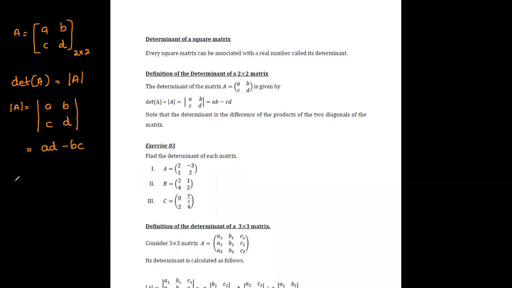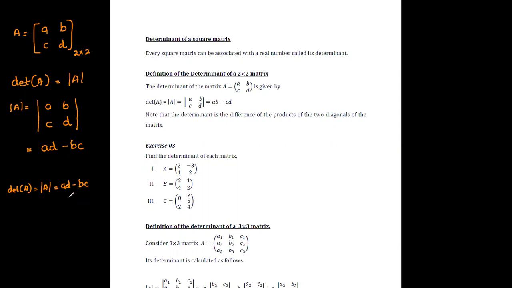This method is valid for 2 by 2 matrices. We can say the determinant of a 2 by 2 matrix, if it is given in the above form, can be written as the difference of the product of the diagonal elements. That is why we are getting this as AD minus BC.